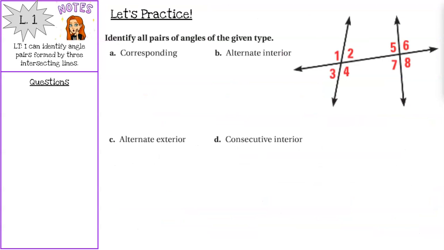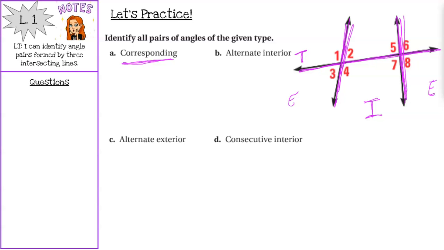So we just want to practice identifying these angle pairs. Identify all pairs of angles of the given type. First off, corresponding. Here's the transversal. Label it T, transversal. And we have our two lines. I'm going to label the interior and the exterior.